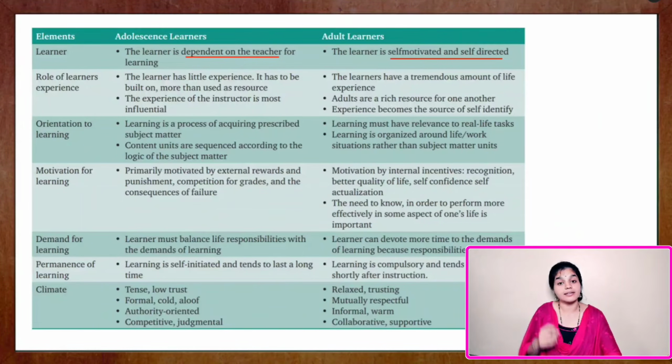Speaking about the learner's experience and how their learning experiences help in the learning process, the adolescent learner has little experience, and it has to be built on more than used as a resource. Here, the experience of the instructor is most influential with respect to the learning process of the adolescent learner.